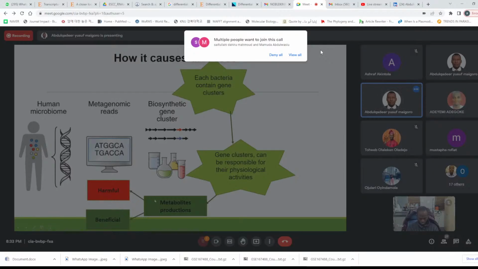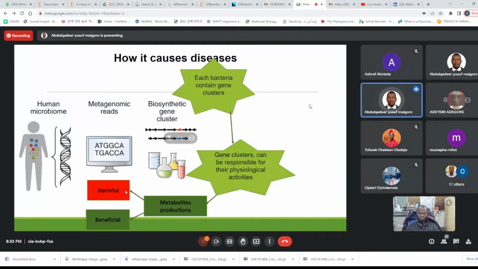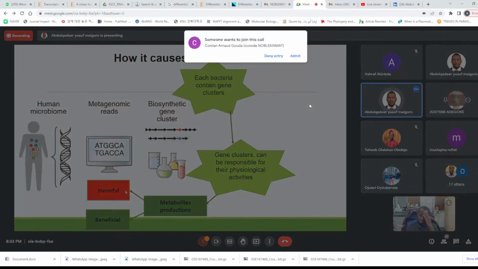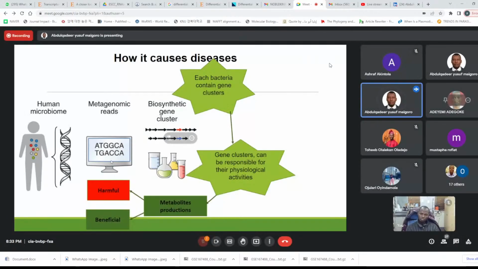For example, mostly these bacteria produce what we call short-chain fatty acids. Among those short-chain fatty acids, we have butyrate, we have glutamate, and all that. So when you produce something into the environment, either it will help the environment to be more comfortable or it will stabilize the environment.